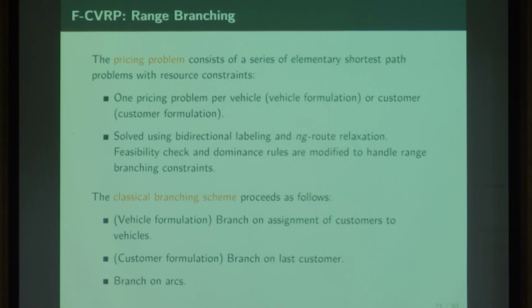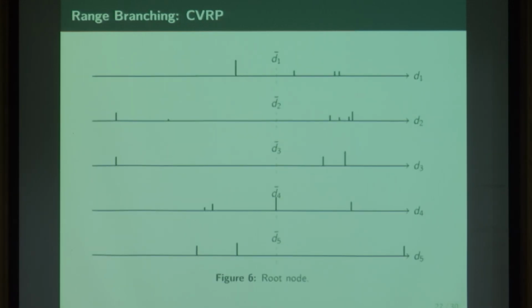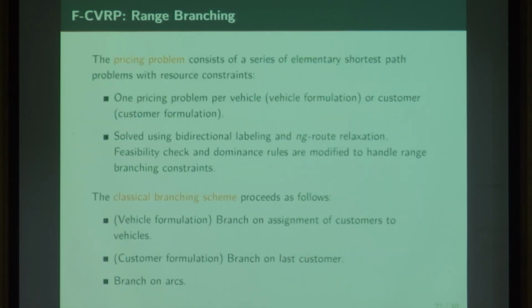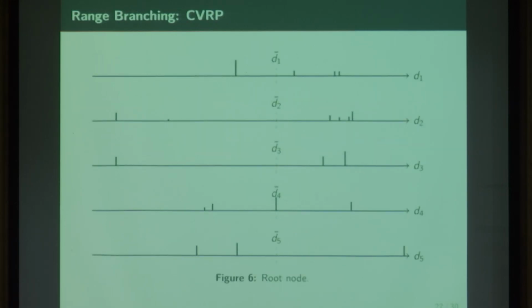So now, what I will try to convince you is that the fairness requirement is included, but without the branching rule that I'm proposing now. And again, coming back to my favorite example, we start here at the root node.